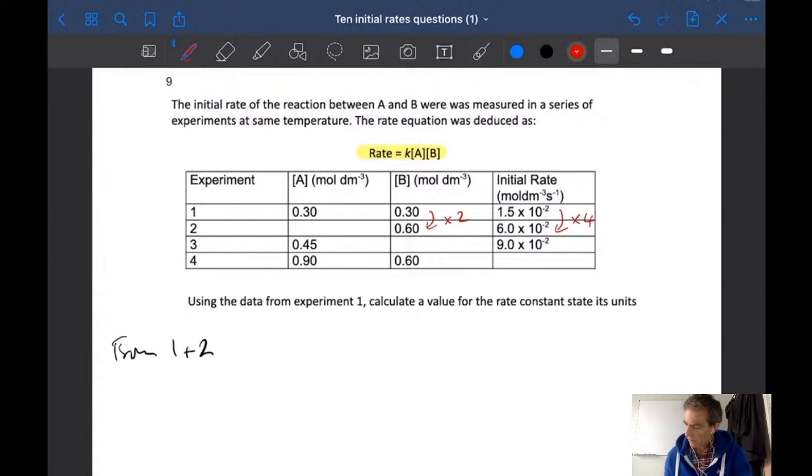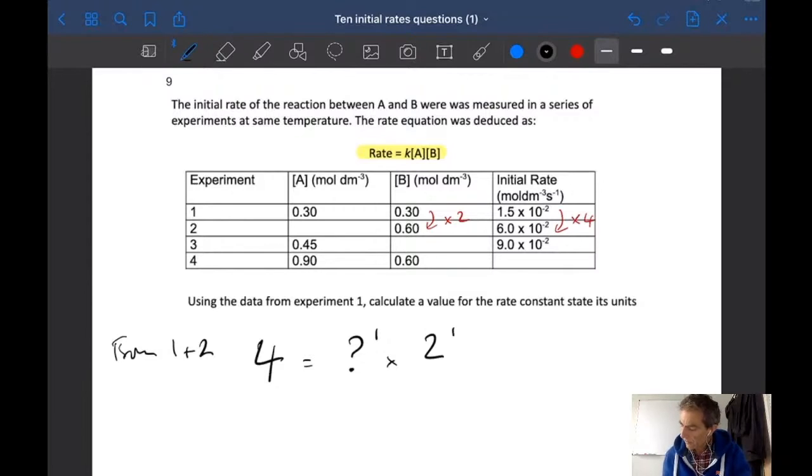So we need to work out what the new concentration of A must be in experiment 2. So I've said from experiments 1 and 2, that increase in rate of 4 is equal to that unknown concentration for A raised to the power 1, because first order, multiplied by that 2-fold increase raised to the power 1.